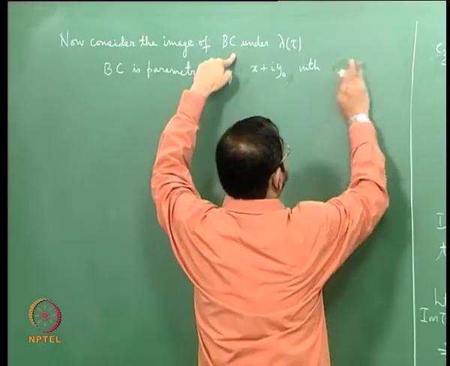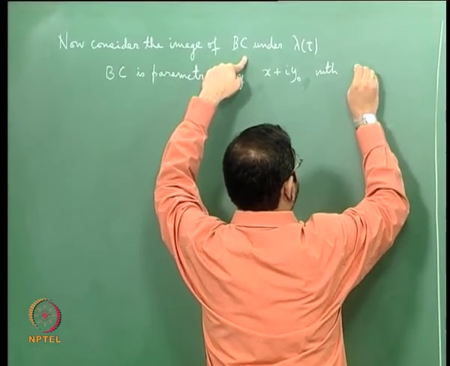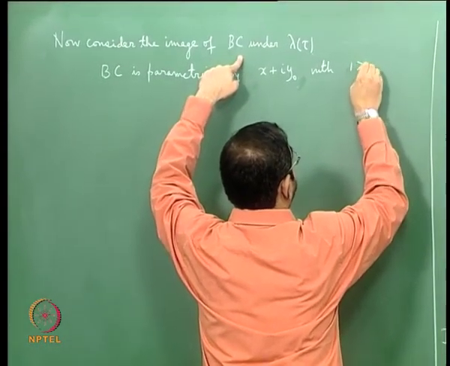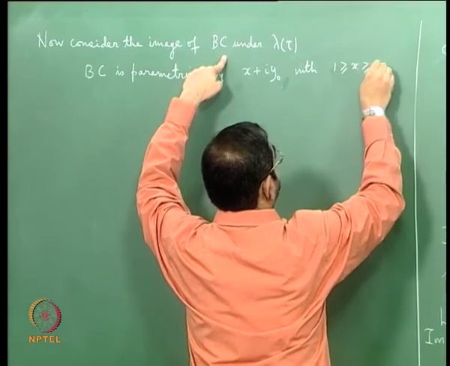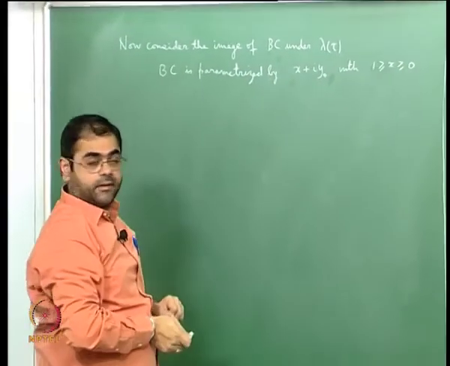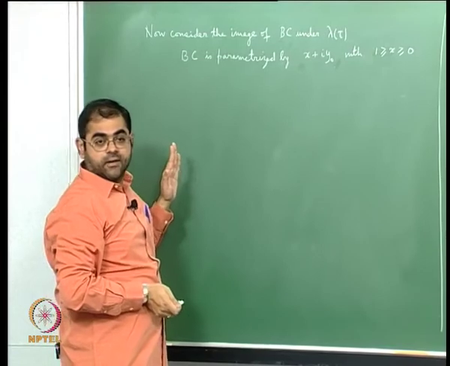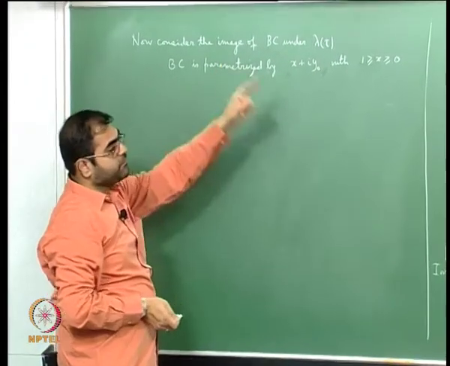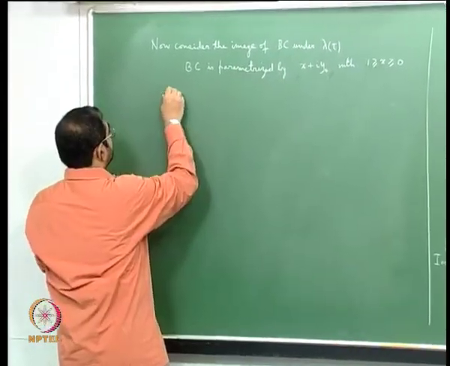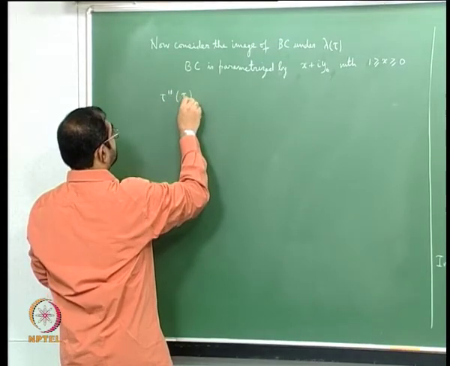So x is decreasing from 1 to 0. This is the orientation: x is starting at 1 and it is going to 0 if I move from B to C.